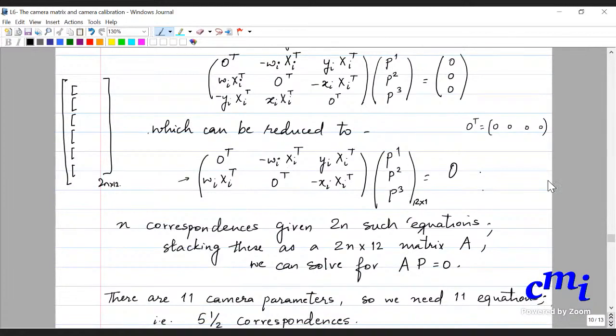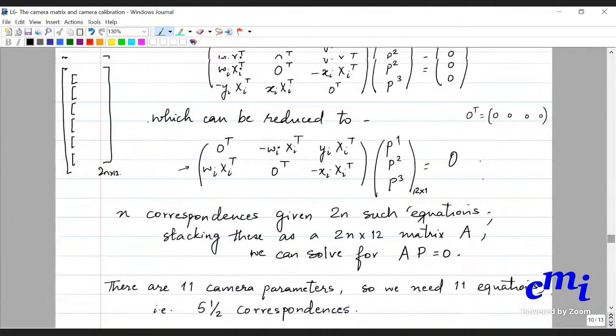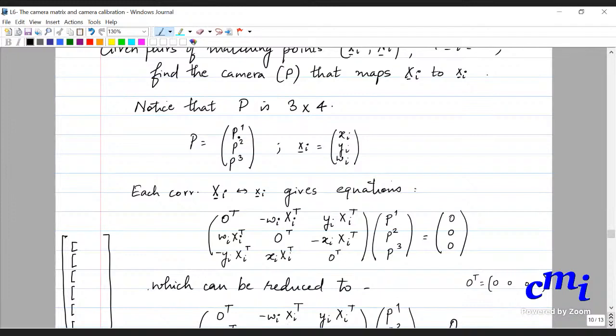So that means that these are actually the rows of P, which means that I should be taking P1 transpose, P2 transpose, P3 transpose. P1 will be the first row written as a column, right? So P is this, and then I have this. So then this will be a 12 by 1 vector. All right.